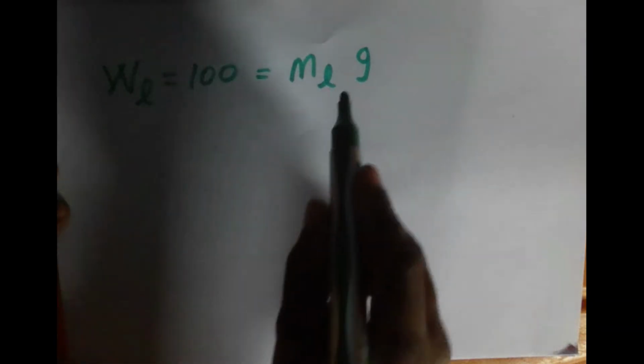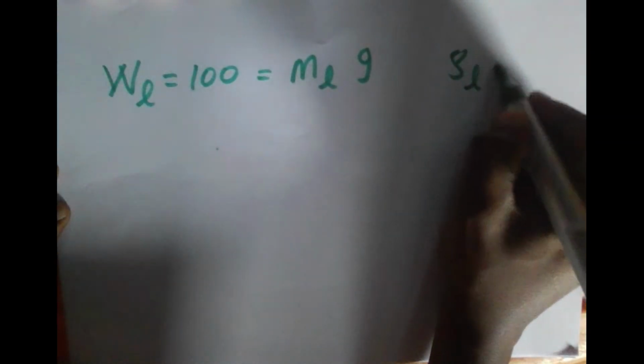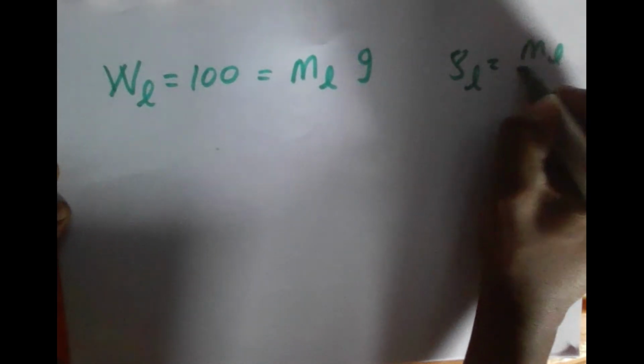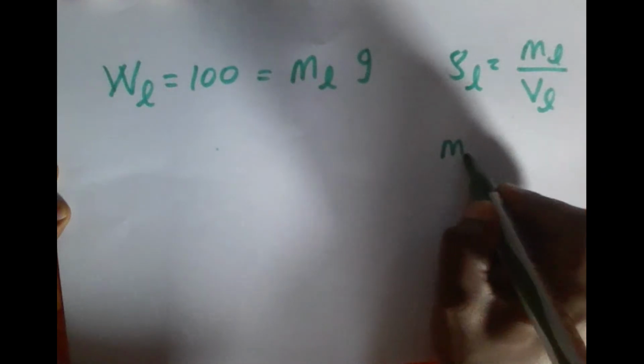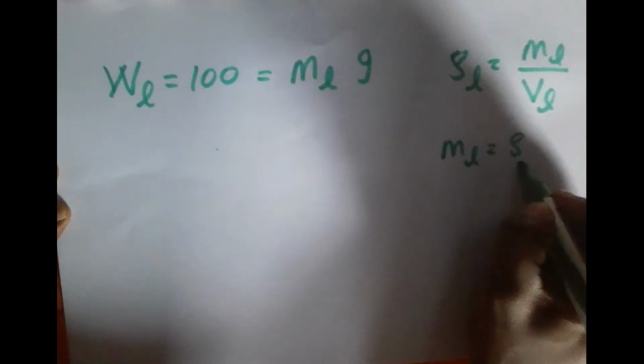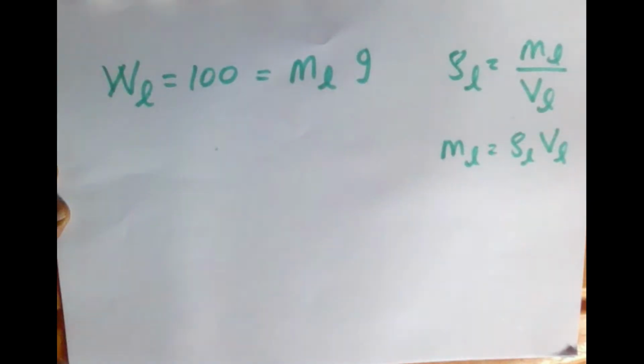So the weight of the displaced liquid, which is equal to the buoyant force, which is 100 Newton, is equal to the mass of the liquid times gravity. We know that rho of the liquid is equal to mass of the liquid divided by volume of the liquid, so mass of the liquid is equal to rho of the liquid times volume of the liquid.